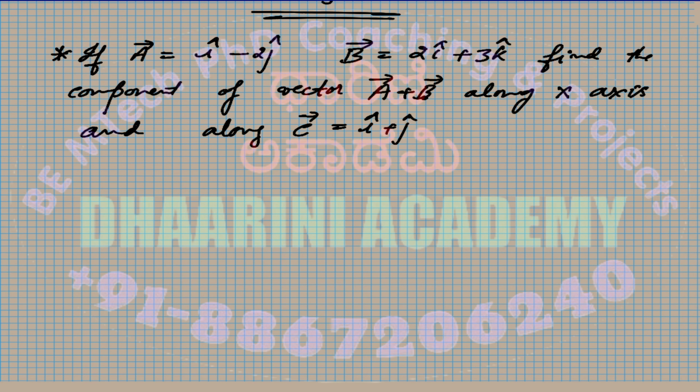First, find A plus B, and the component of A plus B along the x-axis is the question. Second part, what is the component of that vector A plus B along the given new vector C, which is I plus J?